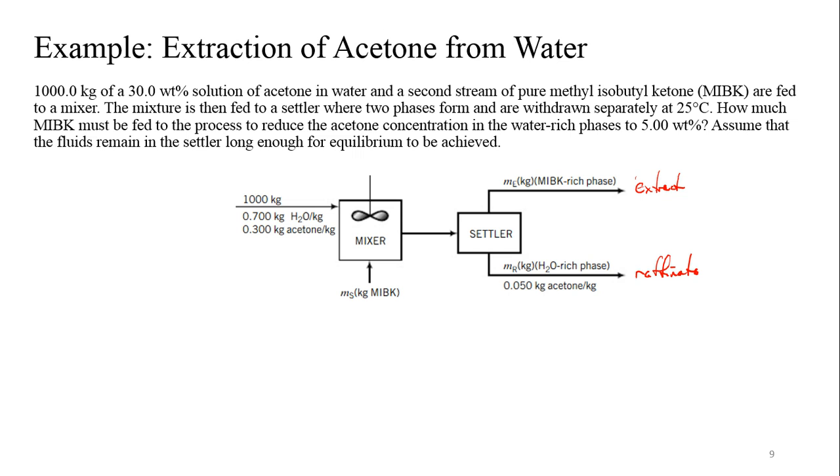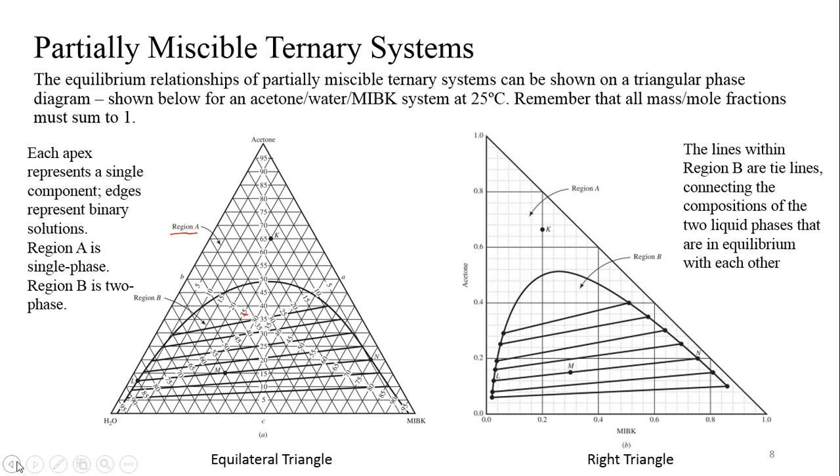Which means then that this extract phase and the raffinate phase are related how on the phase diagram? If we go back to this previous phase diagram, because we're going to use it to solve this problem, how are they going to be related? I don't want numbers. I just want to know conceptually how are they going to be related.